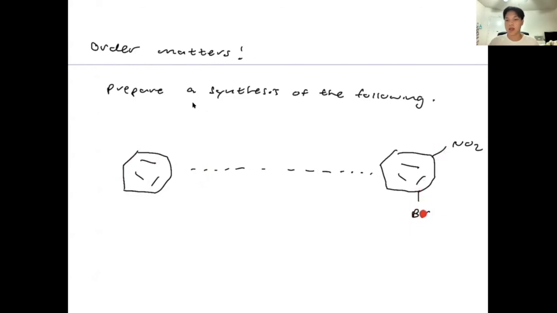Bromine is an ortho para director, but this nitro group is a meta director. So it matters where you put it on, how you do it, and which order you do it in.